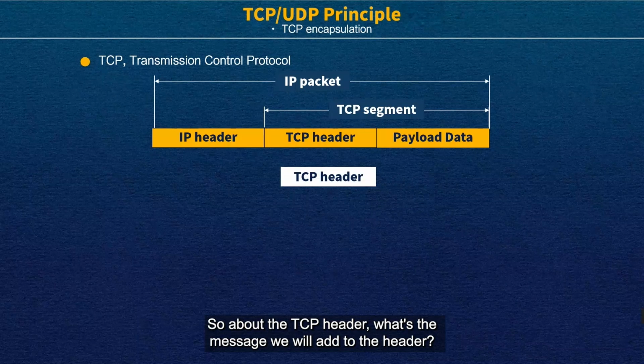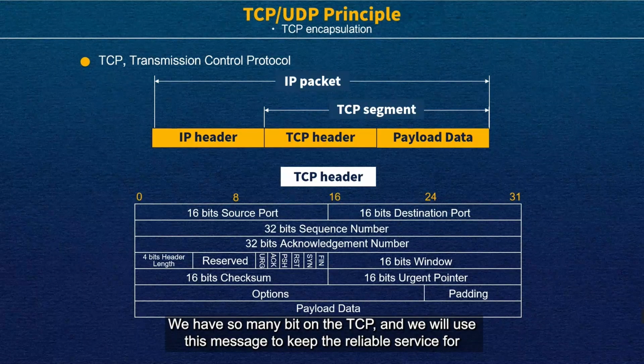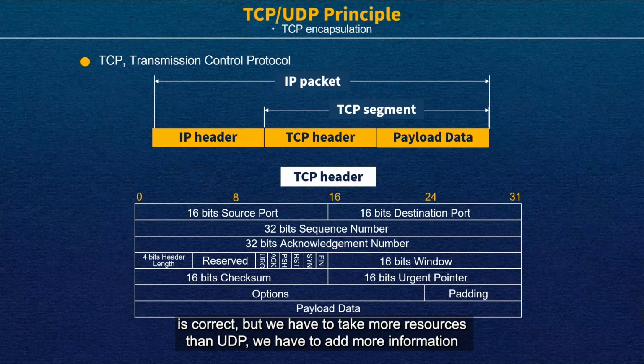So about the TCP header, what information do we add into the header? We have so many bits in the TCP header, and we use this information to keep the reliable service of the TCP. That's why we say if you use TCP to transfer the message, we can promise that every bit is correct, but we have to take more resources than UDP.